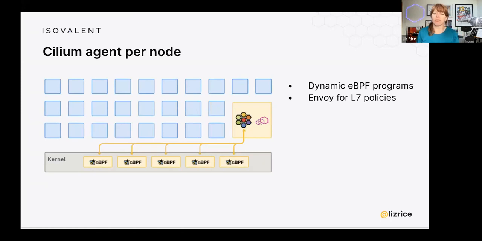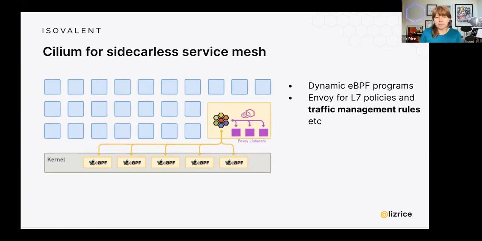We already have that Envoy proxy in the agent. With service mesh, we are adding the ability to program individual Envoy listeners to perform this kind of traffic management and ingress rules. So that gives us a huge step forward towards being able to implement a service mesh.